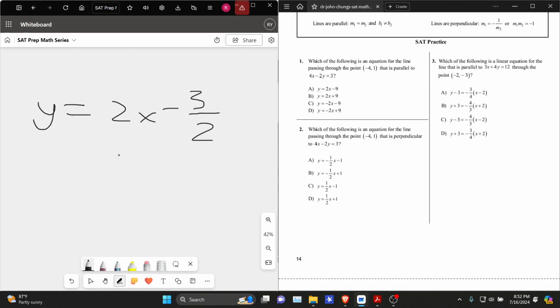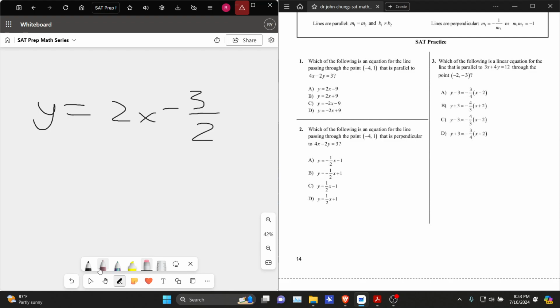It's the same process, and now we want to find a slope that is the negative reciprocal. First, take the negative: -2. Then the reciprocal is -1/2. So this is the slope we want to find.